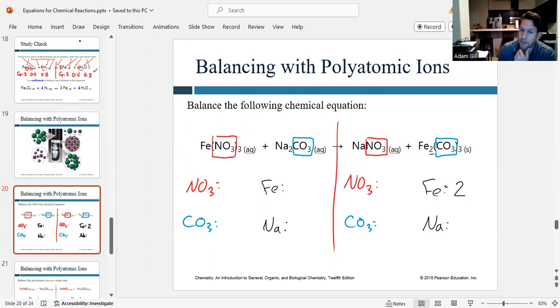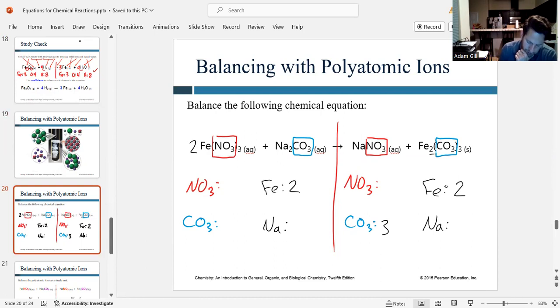So I have 2 iron atoms. And for carbonate, I have 3 of them. So when we go to the left side here, I only see 1 iron atom, but I need 2. So I'm going to add that coefficient 2 right there. That gives me 2 irons.